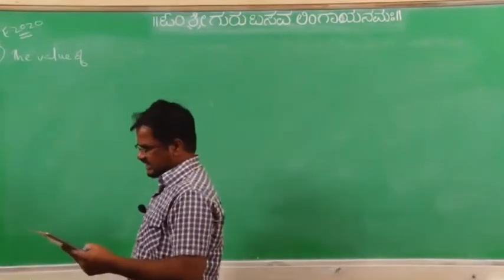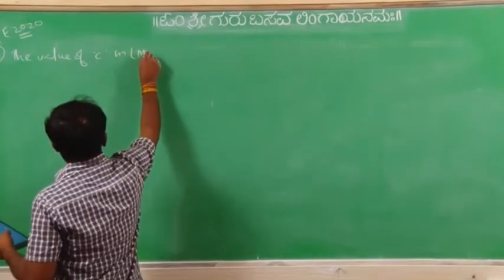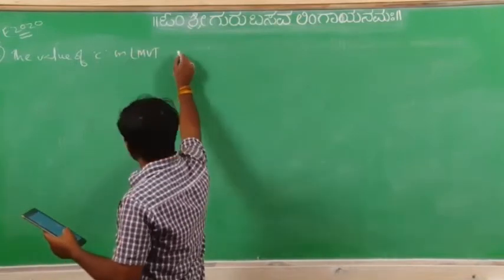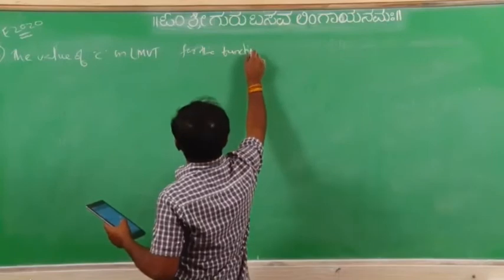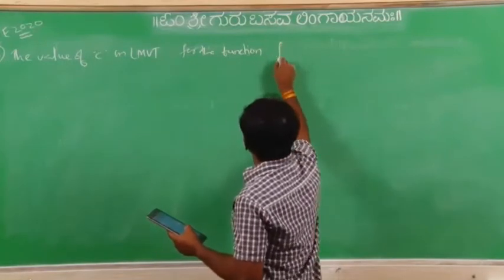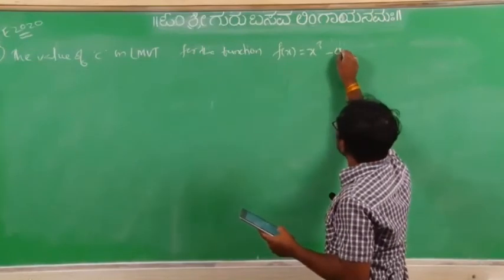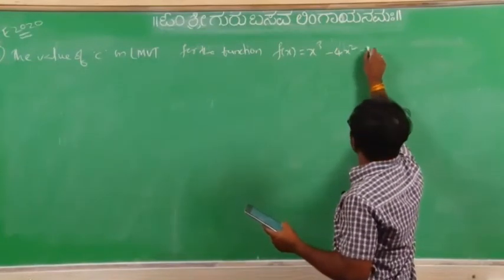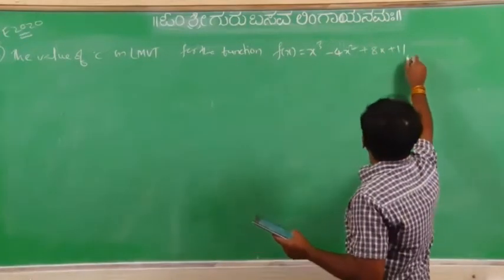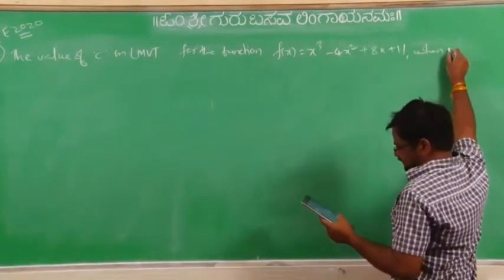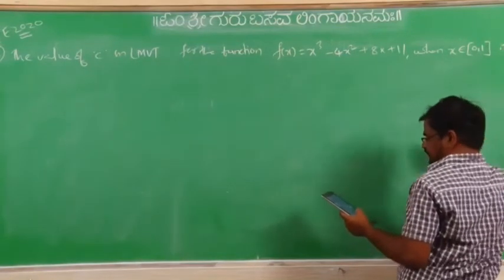The value of C in Lagrange's mean value theorem for the function f of x equal to x cube minus 4x square plus 8x plus 11, when x belongs to the closed interval 0 comma 1, is.